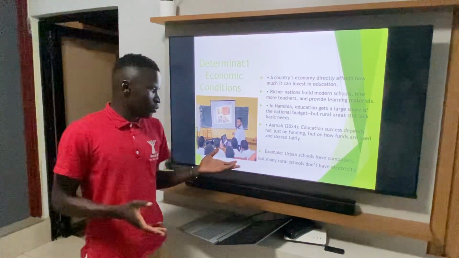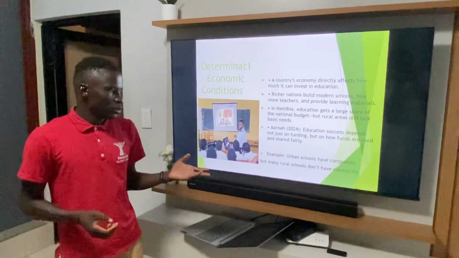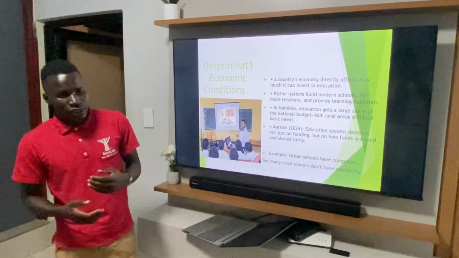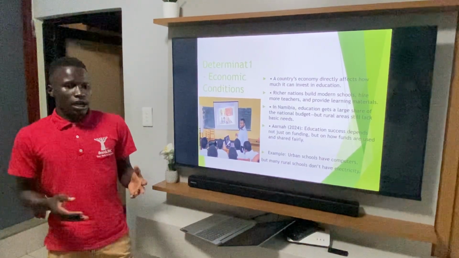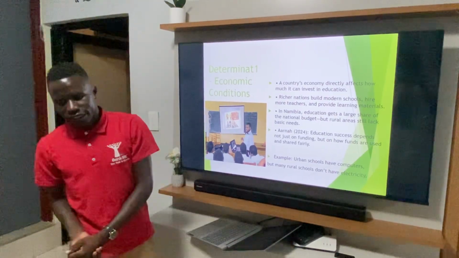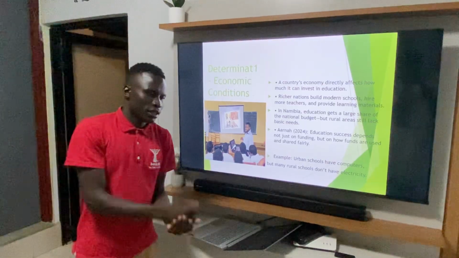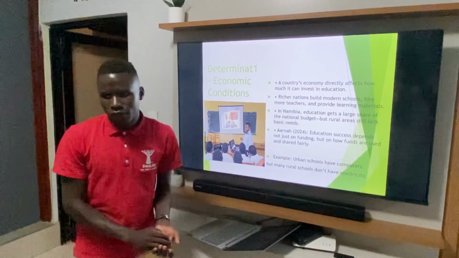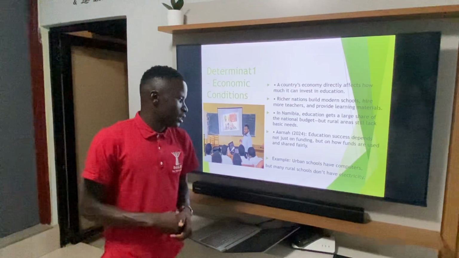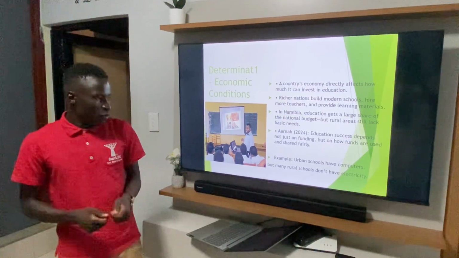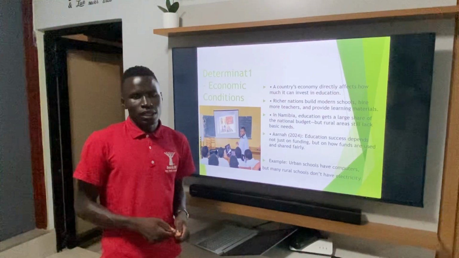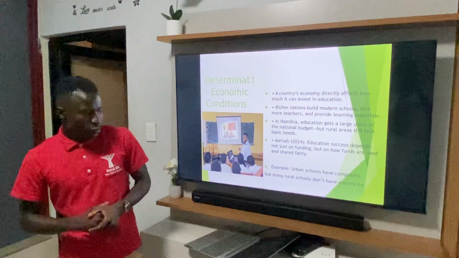For example, urban schools, schools in towns, are provided with computers, internet, and materials for other activities. So learners are exposed to different learning styles that will enable them to study properly.